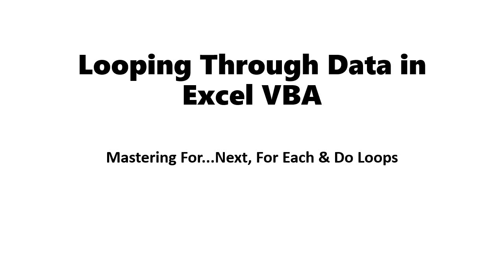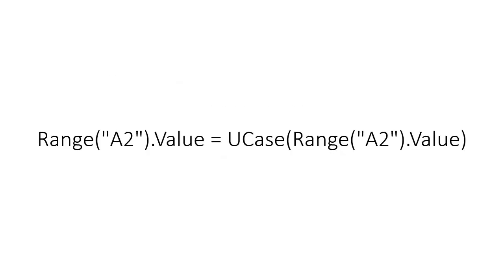Looping through data in Excel VBA, mastering For Next, For Each, and Do loops. Imagine you have a worksheet with 10,000 customer records. Would you write your code like this?